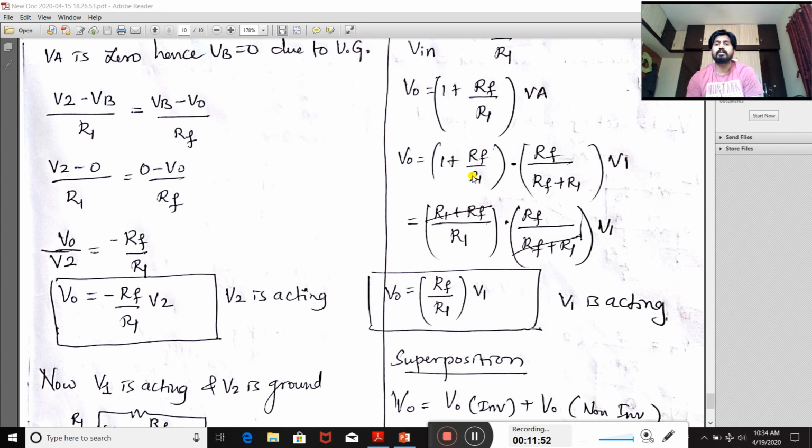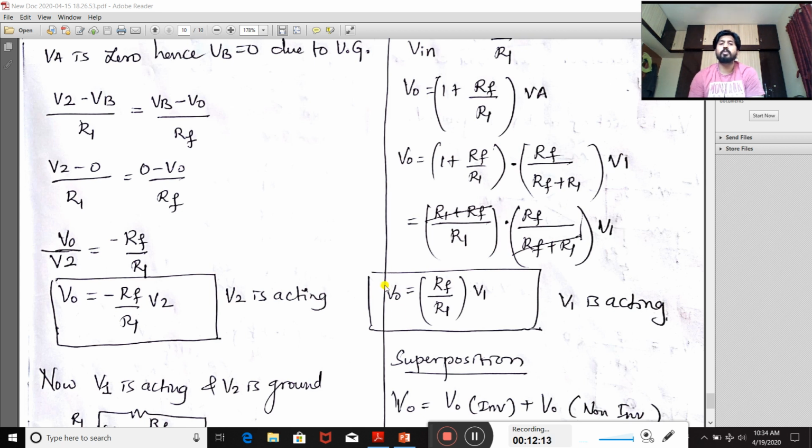Now cross multiply this. So R1 plus RF divided by R1, into RF divided by RF plus R1. This RF plus R1 and this RF plus R1 get cancelled. What remains? V naught is equal to RF divided by R1 into V1.